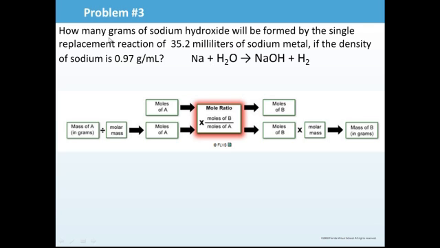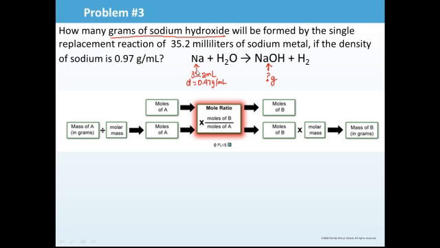This problem says, how many grams of sodium hydroxide will be formed by the single replacement reaction of 35 milliliters of sodium metal if the density of sodium is 0.97 grams per milliliter. This kind of looks familiar, doesn't it?